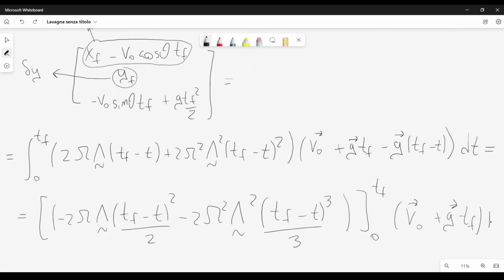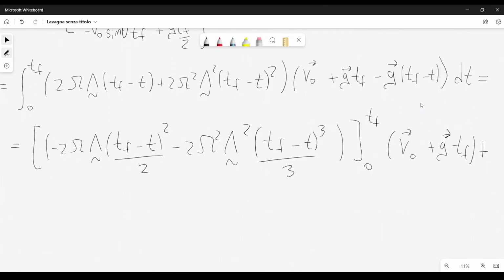But I also have another term that I will rewrite below, which is due to the fact that when we multiply this by these terms, the integration will be different, but it will be very similar.